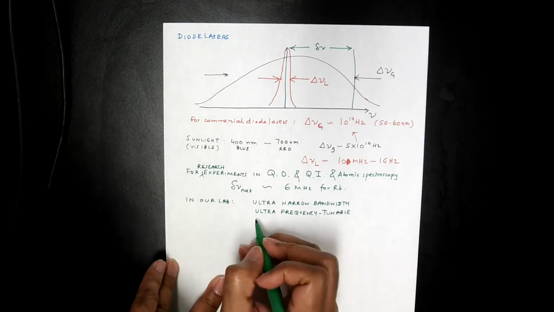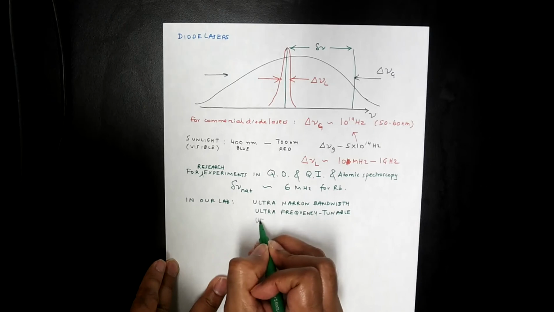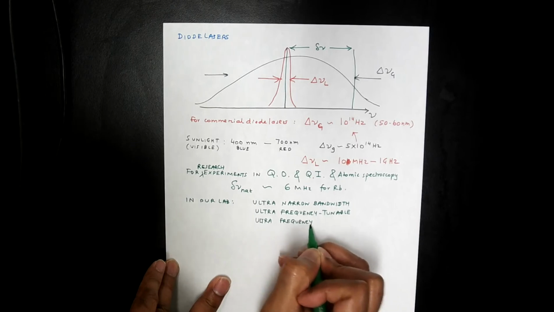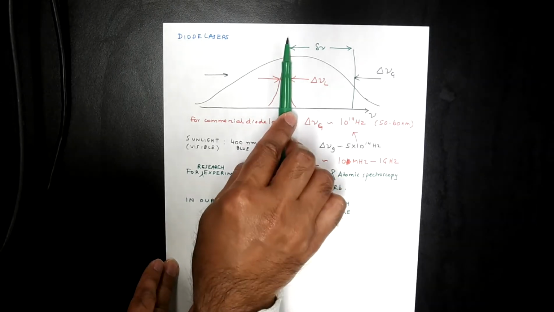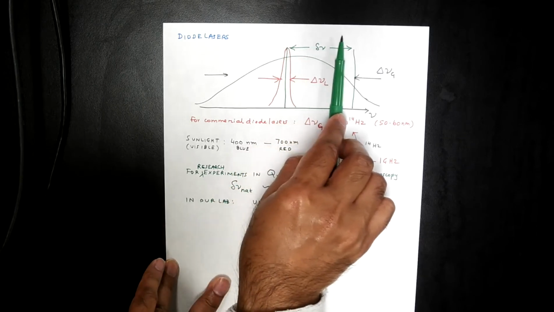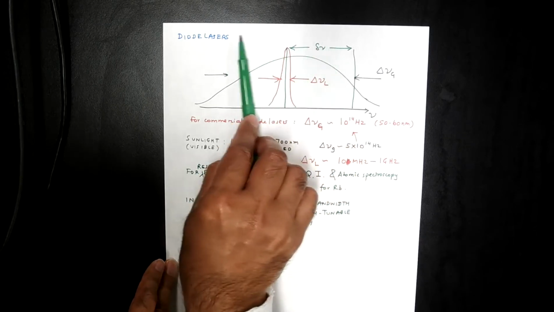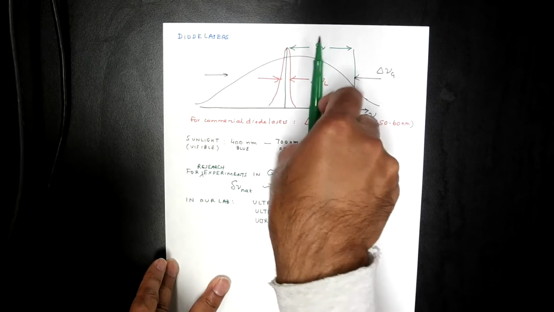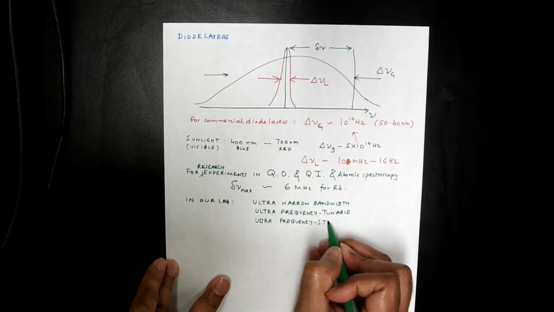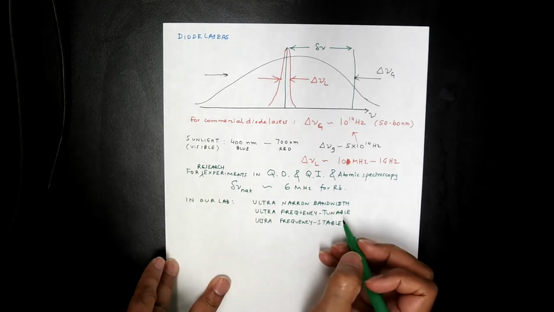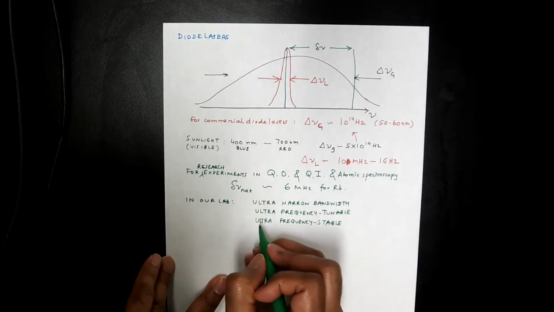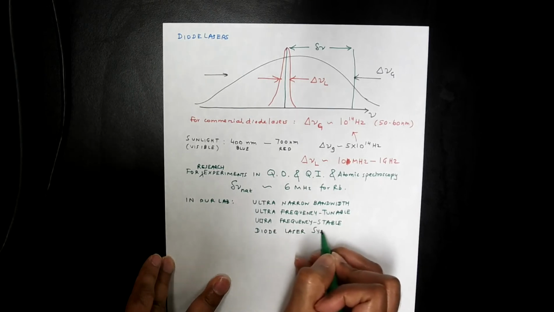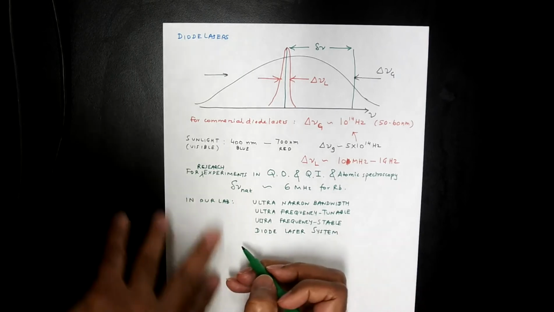And not only will it be tunable, it will also be ultra frequency stable. So this line will be very narrow, and you can tune it over a large distance controllably, and also wherever you tune it to, it will be very stable right there. So it's the ultimate laser. So a diode laser system, that's what we're building. That's what we'll do.